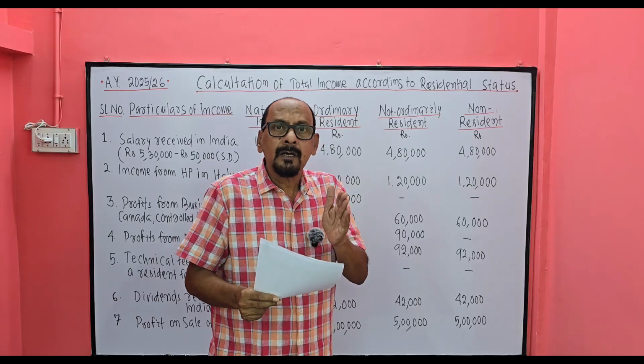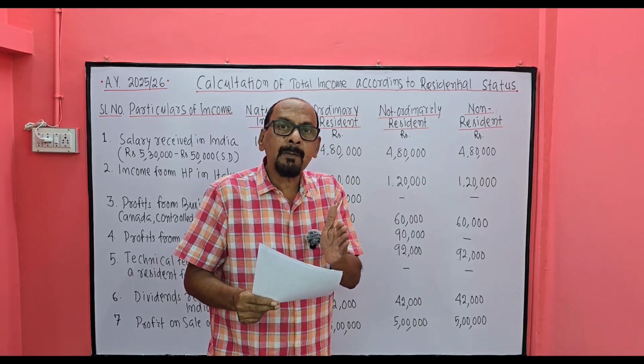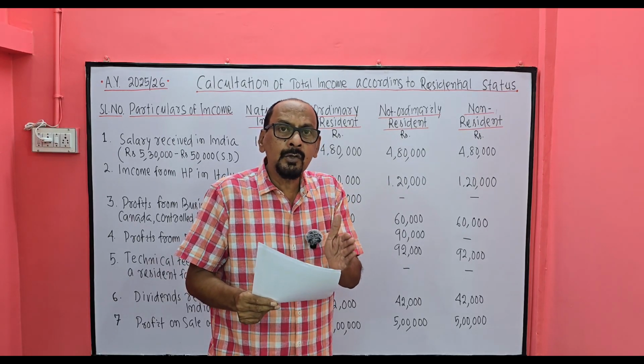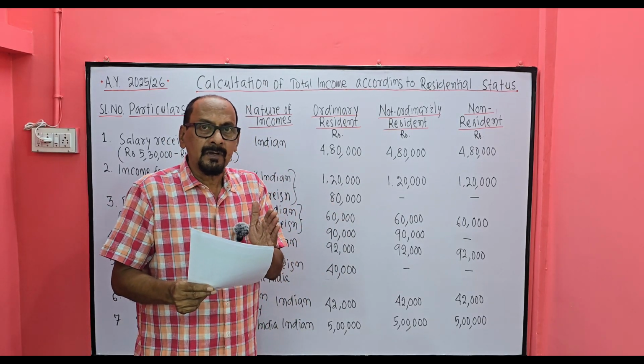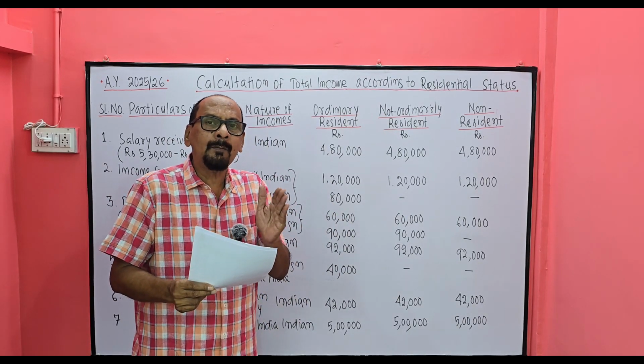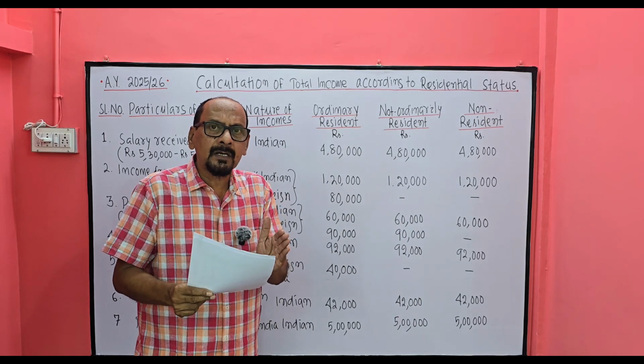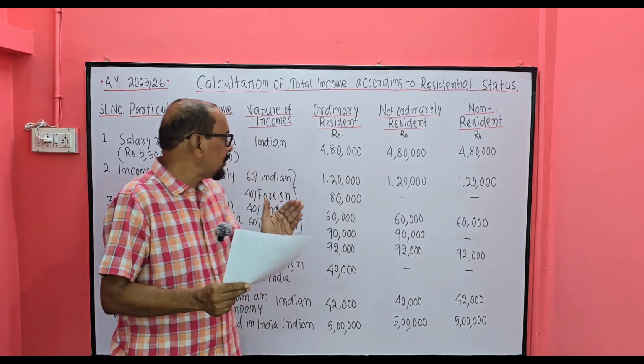The standard deduction may be 75,000 in the new regime. While adding salary to the scope of total income, the standard deduction must be allowed.